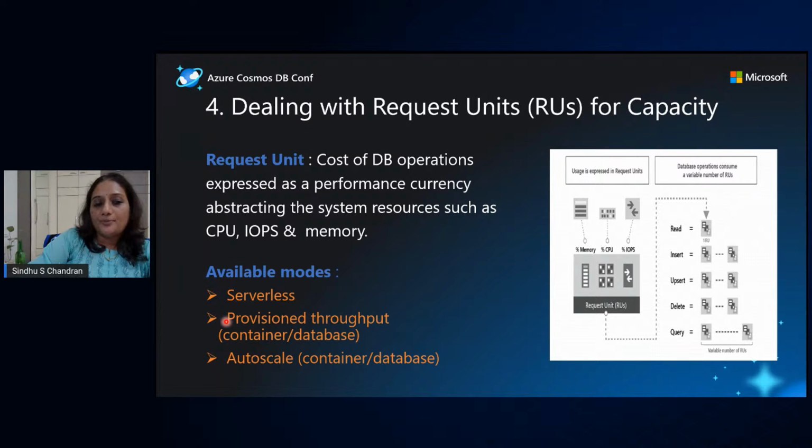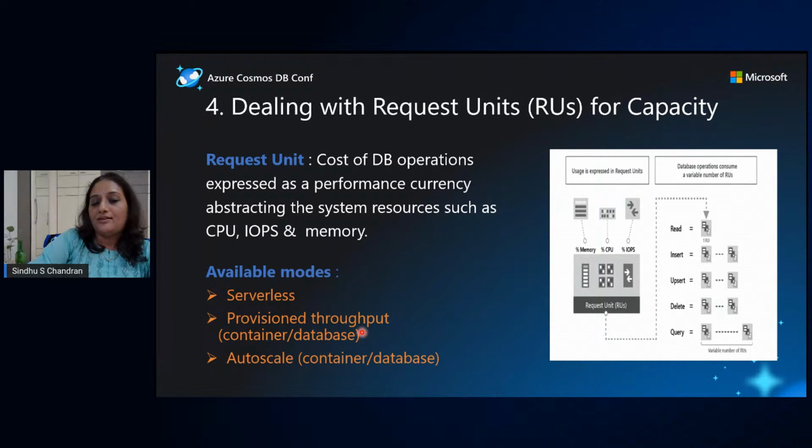The next option is the provisioned throughput or manually managing your RUs. This can be done at the container or keyspace level or at the database, the table level. So when you do it at the keyspace level, it works for smaller tables, and there is a limitation of 25 tables, and you might not have visibility into hot tables which are causing hot partitions when you do that.